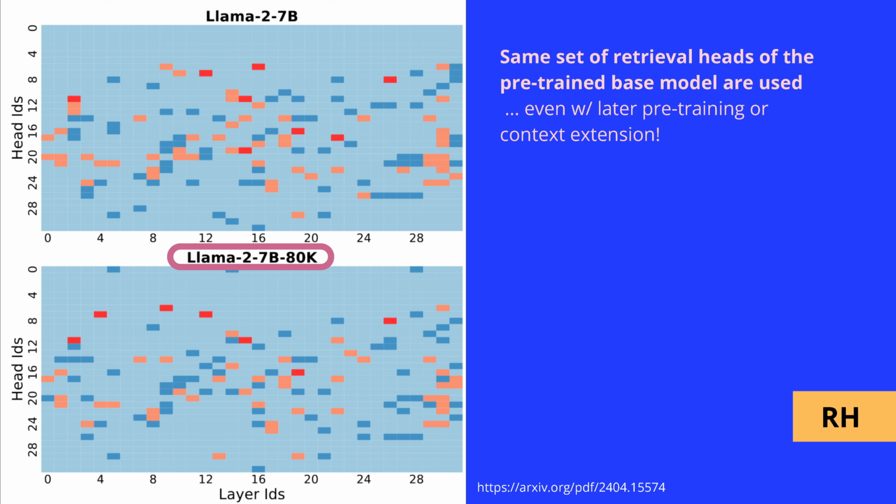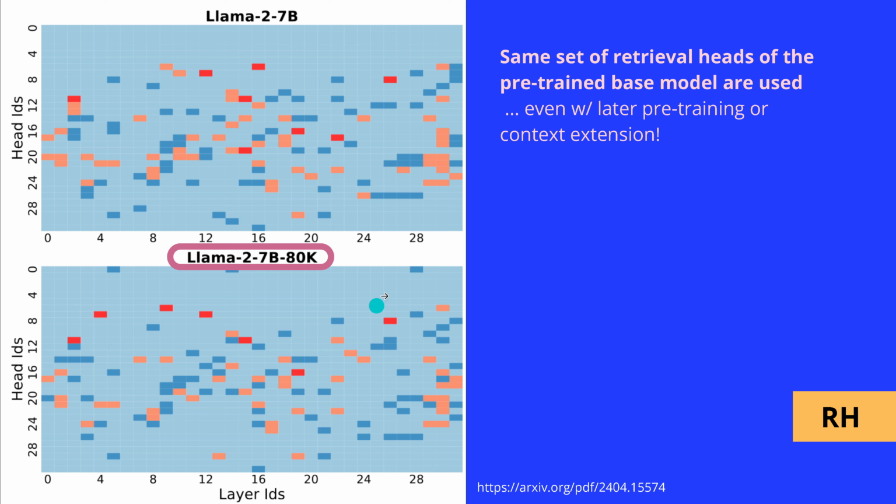Now you would assume, let's say, this is a 10-fold increase in the context length from model A to model B, that with a 10 times increase in the context length, the model would develop 10 times more strong retrieval attention heads in its LLM architecture, given this additional training.